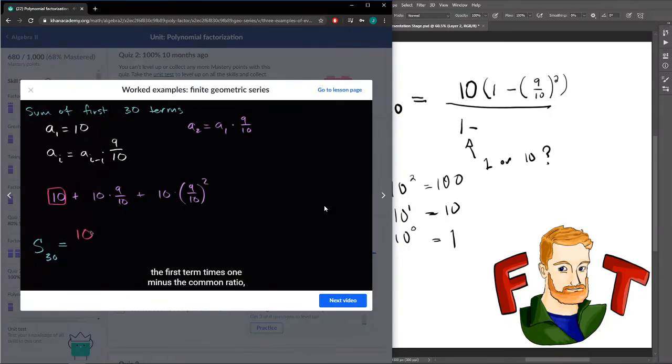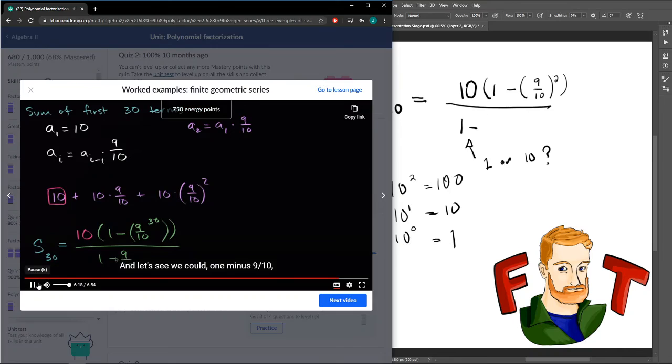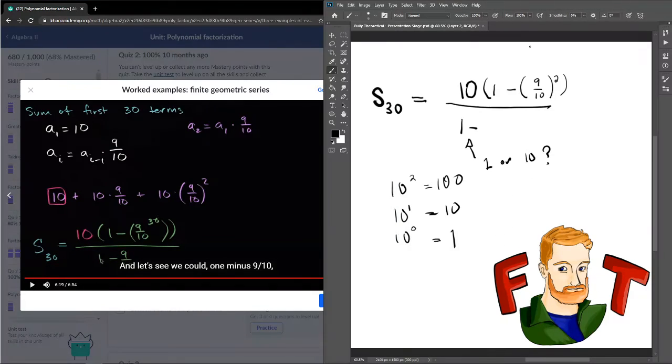We've done this before. The first term times 1 minus the common ratio to the 30th power, all of that over 1 minus the common ratio. Okay, so looks like I was on the right track.